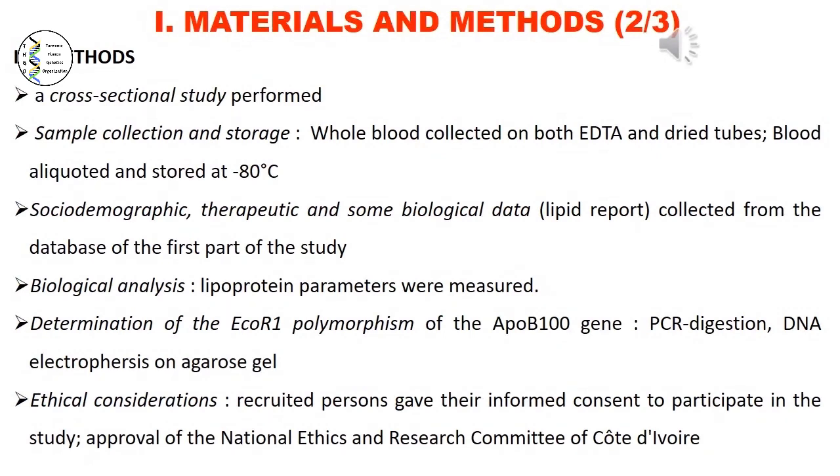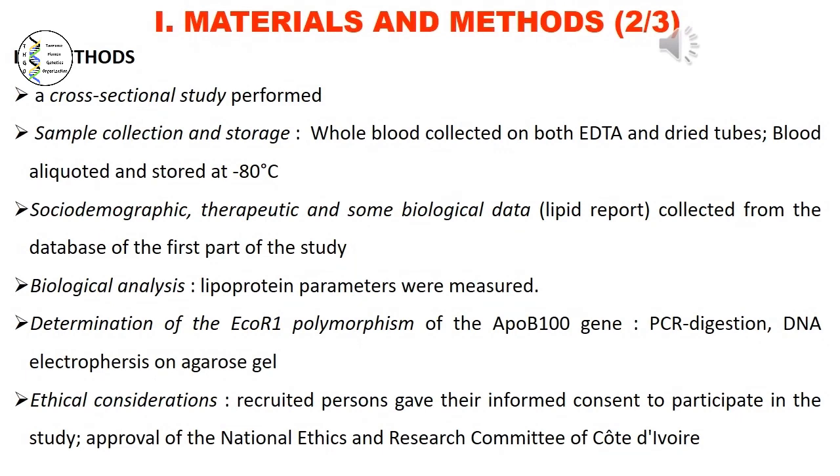Indeed, the first part of the study had already been carried out using these same samples in 2013. In order to determine the EcoR1 polymorphism, we performed PCR digestion and DNA electrophoresis.